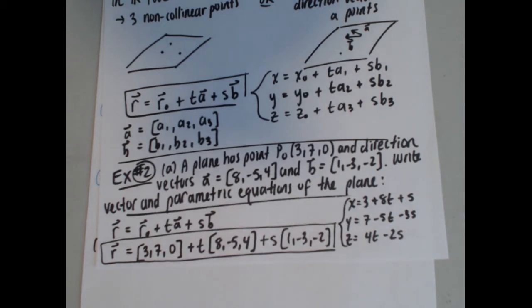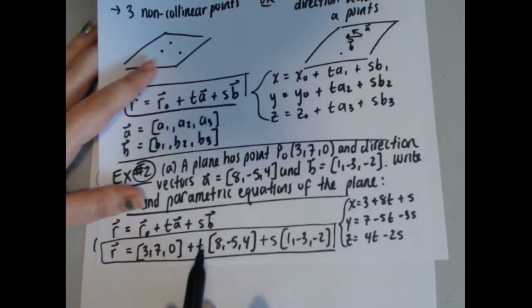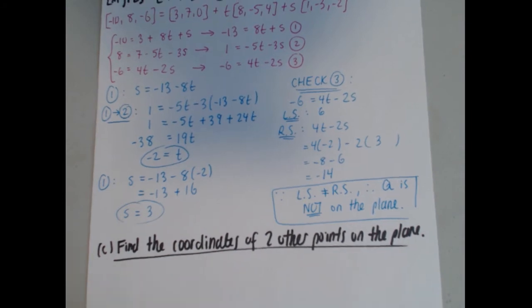Now you can plug in any value for s and t that you want. That doesn't matter. As long as whatever t value you use, it's the same t value for the x, y, and z dimensions, and whatever s you pick, it doesn't have to be the same as t. It doesn't have to be different. Whatever it happens to be, you multiply it to x, y, and z. So you don't choose different values within the dimensions.